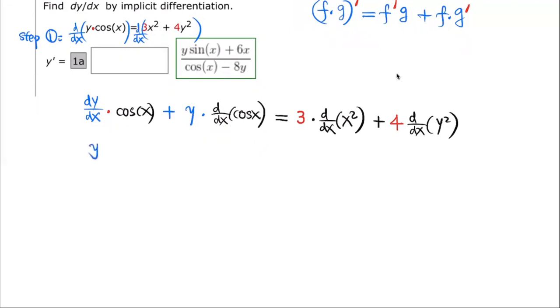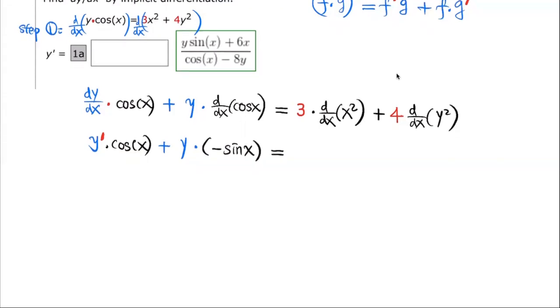So y prime times cosine x, and then adding y times the derivative of cosine x with respect to x, which is negative sine x. Yes, you got it. Now on the right side, I have 3 times the derivative of x squared with respect to x, which is 2x.